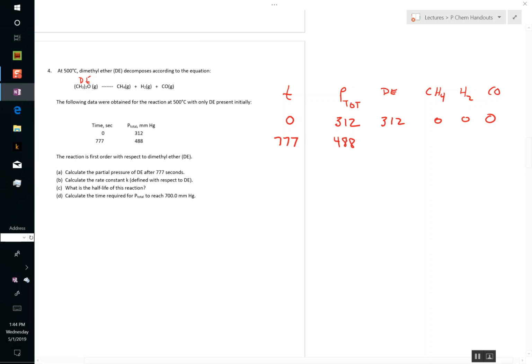So let's just say that the methane is pressure X. So these are going to be X. This is ideal, we're assuming. Yeah, assume ideal behavior. So what is the pressure of the dimethyl ether at 777 seconds? 312 minus, or 488 minus that? No.